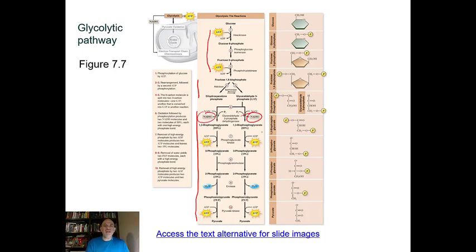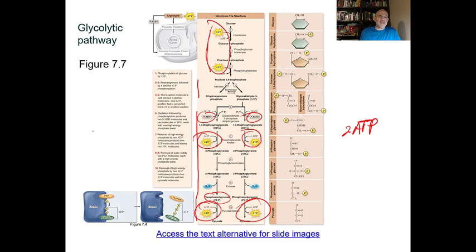Then you're going to get substrate level phosphorylations, there and there. So we end up producing 4 ATPs, but it cost us 2 up here. So your net gain is 2 ATPs here. Now at this point right here, here's that phosphoenolpyruvate, and you might recognize this diagram right here.